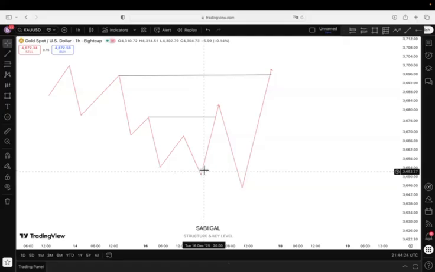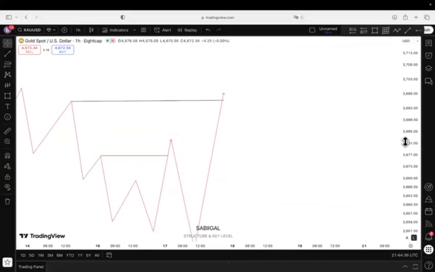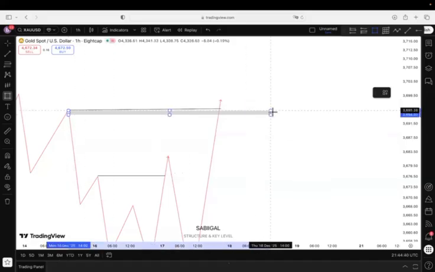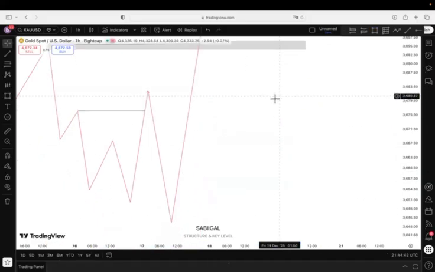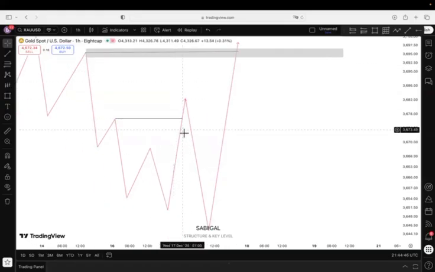You cannot buy here at all. So if price later comes back to break this place, it is not seen as a change of character. It's just seen as a continuation. Change of character already happened. The worst that can happen here is we just continue with a continuation model. We continue the buys. This is not called a change of character. The change of character already occurred here.